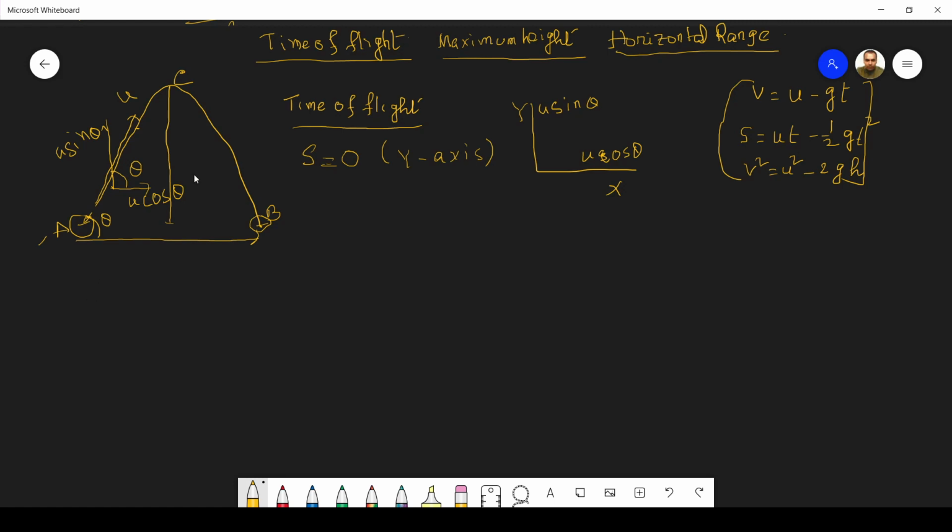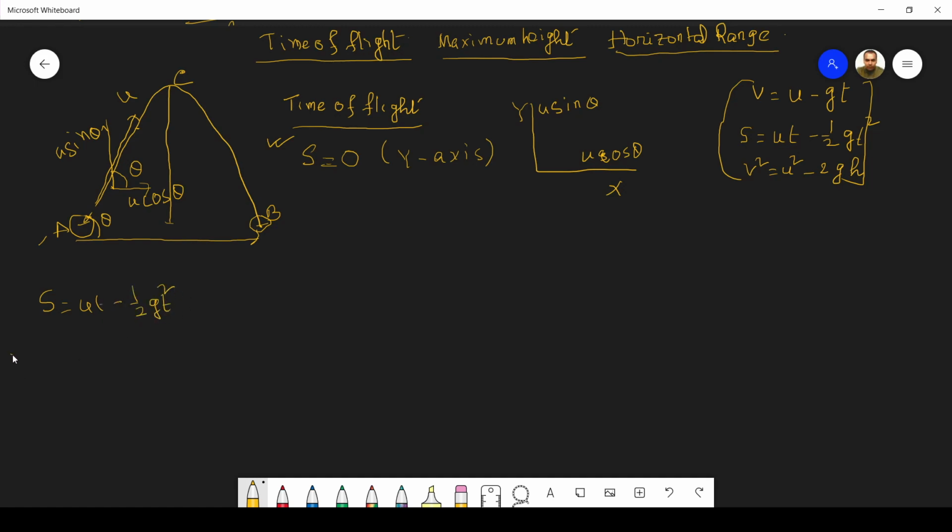Okay, let's come back to our topic, time of flight. Vertically, the distance moved by the object is zero. But what is the vertical component of velocity? Let me write down the equation for better understanding. s equal to ut minus half g t square.